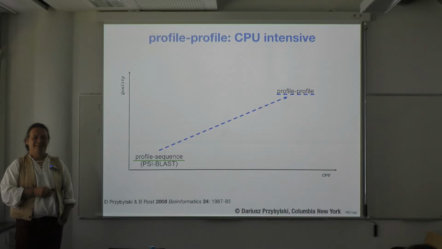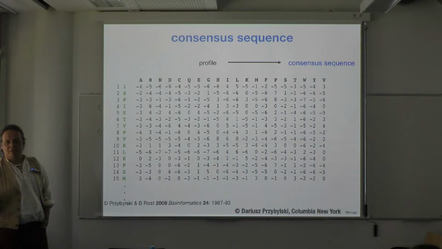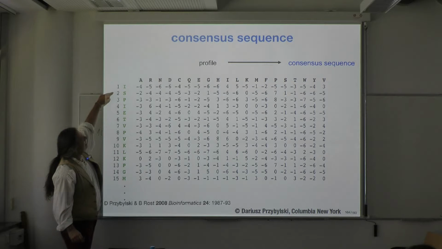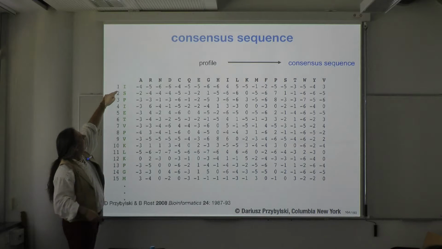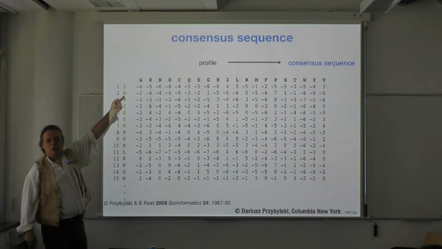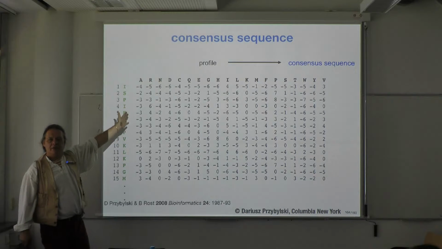You saw it? Okay. So rather than doing a full profile against a profile, what we can do is translate the profile on one end to a consensus sequence. Now, I have different ways of doing that. I could take the one that has the highest odds value. Or I take the majority. Or I take the most surprising value.